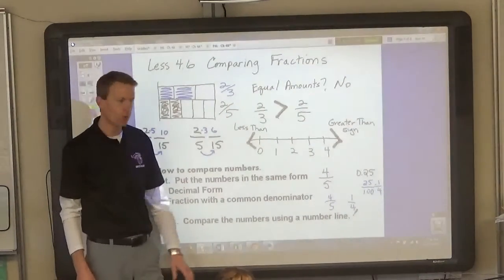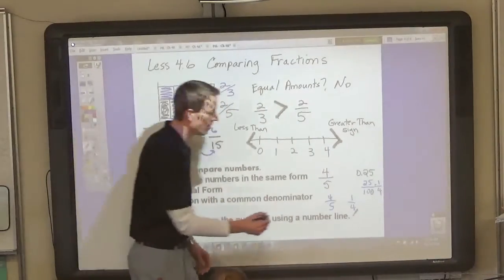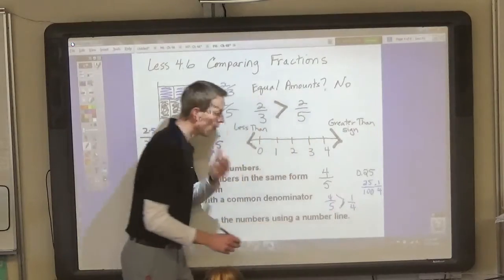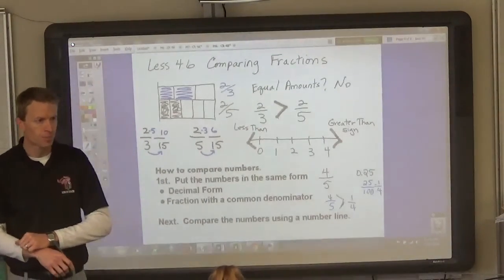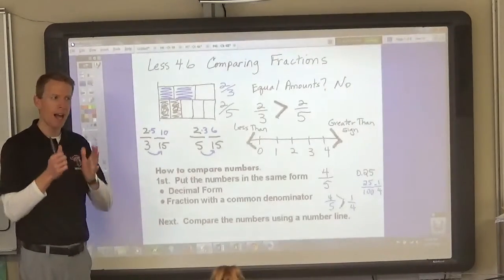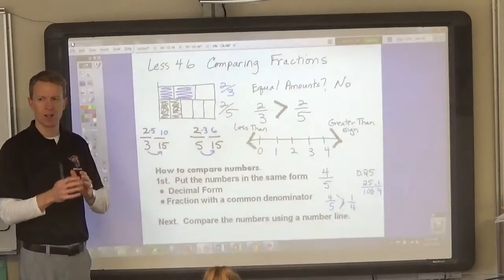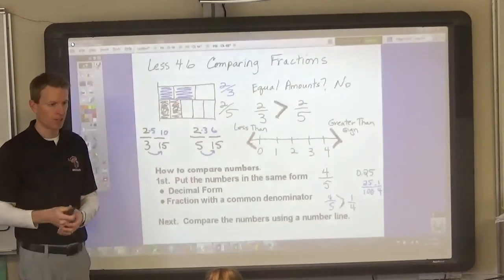If one of them is more than half and the other is less than half, we know which one's bigger. 4/5 is more. So that's another way you can compare, using half as a way of determining: more than half, less than half.